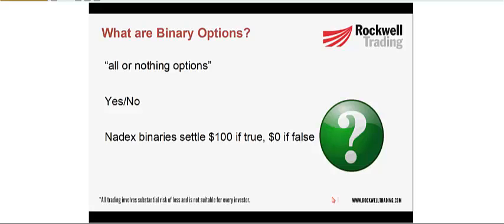If, based on your analysis, you believe that the S&P was going to be trading above 1950, then you might want to buy a binary option. And if you bought that option, and if you were correct, then with NADEX binaries, the payout, or what you would get, is $100. If you were incorrect and the S&P was below 1950 at expiration, and you bought a binary at 1950 saying that it would be above that price point at today's expiration, then you would lose the price that you paid for that option.